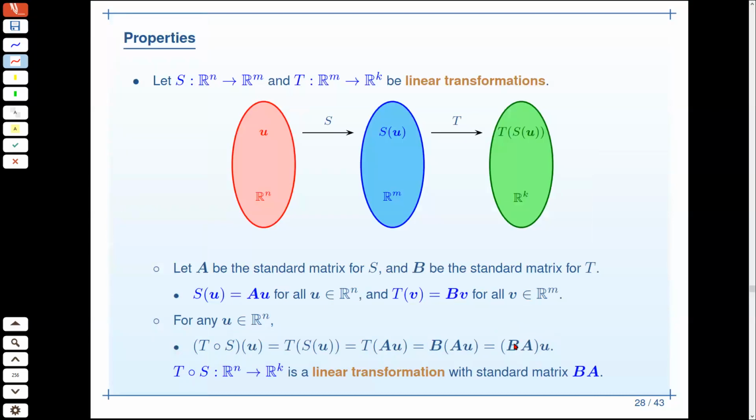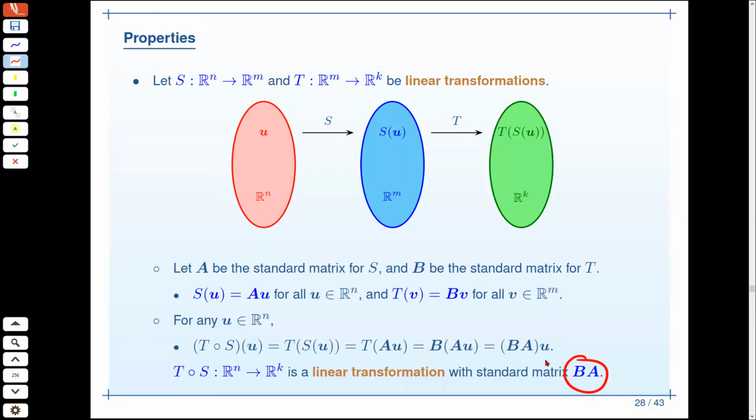And now you can see why matrix multiplication is not commutative: matrix multiplication is essentially function composition, and we know the composite of functions in general is not commutative. So matrix multiplication in general is also not commutative. They are essentially the same thing. Get it?